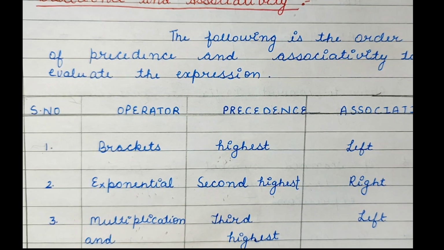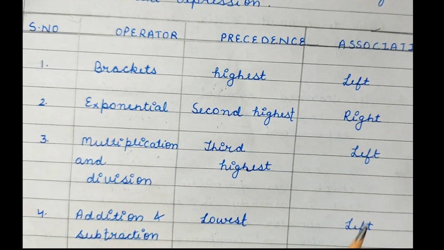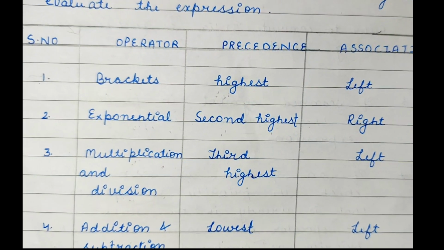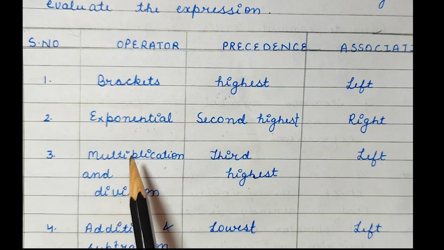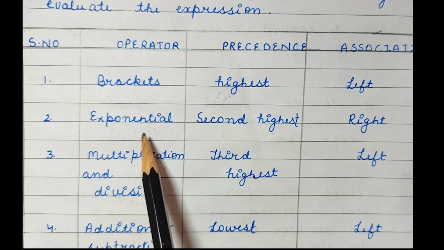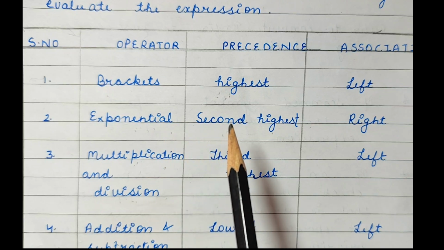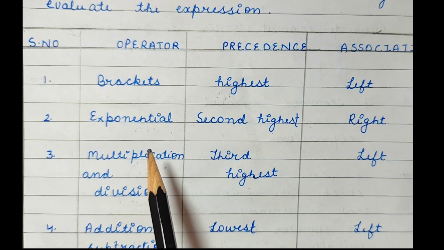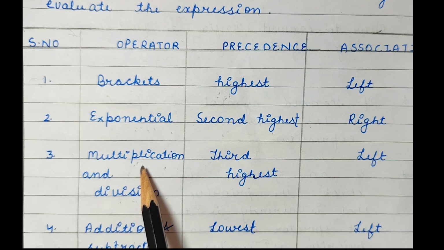And at third place, we have multiplication and division operator. Multiplication and division operator have lower priority as compared to the exponential. If there is any exponential sign in your expression, first we have to evaluate the exponential operator. After that we have to evaluate the multiplication and division operator.